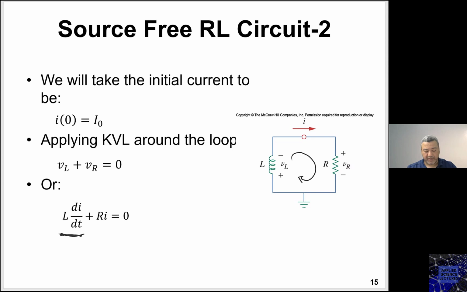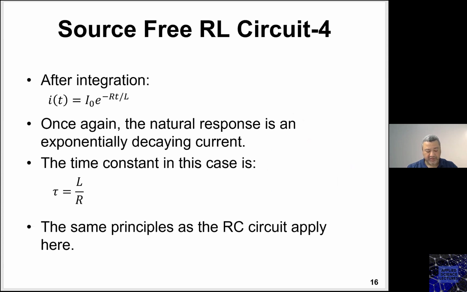Rearranging, dividing both sides by R, you're going to get a first order differential equation, exactly the same as what we have seen earlier. The solution after substitution of my general solution for a first order differential equation, which is an exponential function, and solving for the two constants, you're going to end up with this expression for the source-free RL circuit.